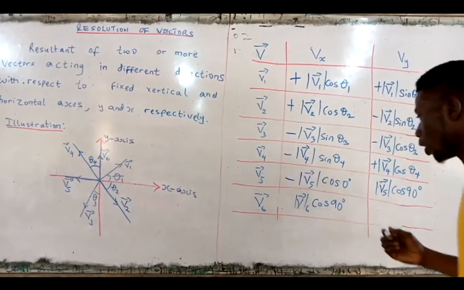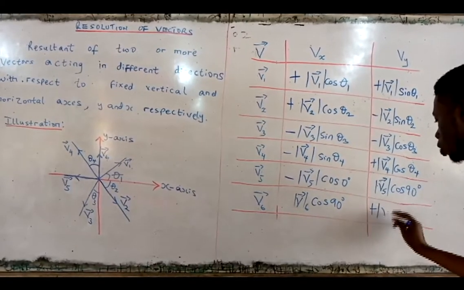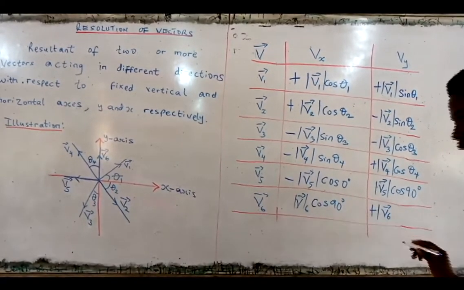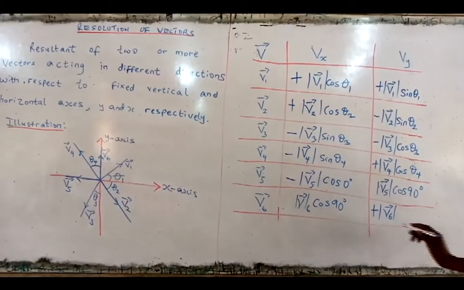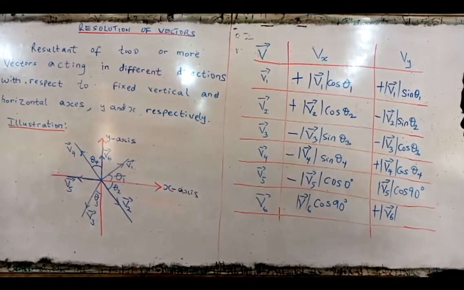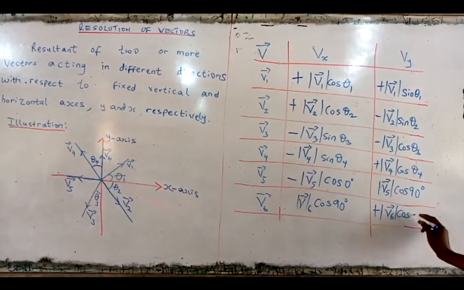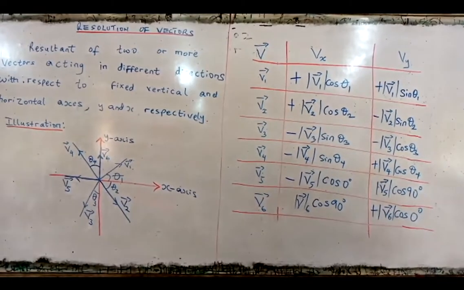Then we can write the plus sign followed by the magnitude of the vector V6. Then the angle between V6 and the y-axis is 0 degrees. So we have cos 0 degrees.